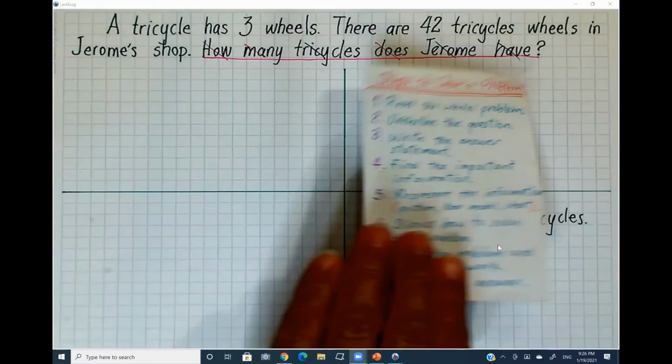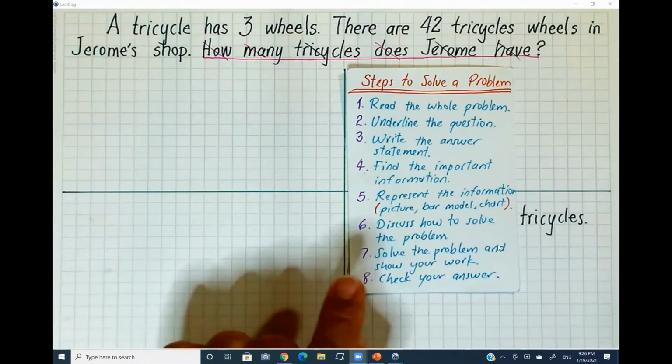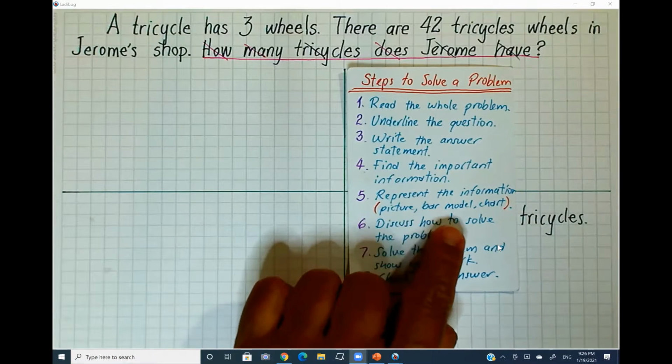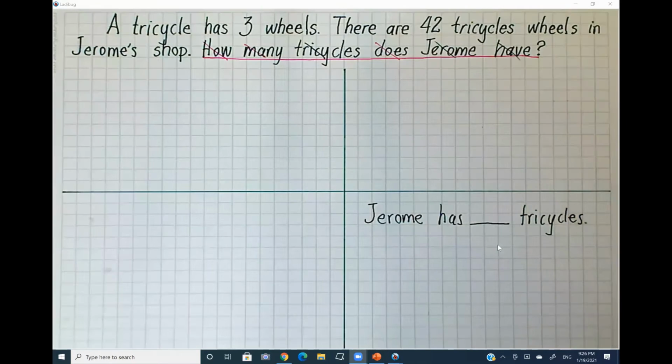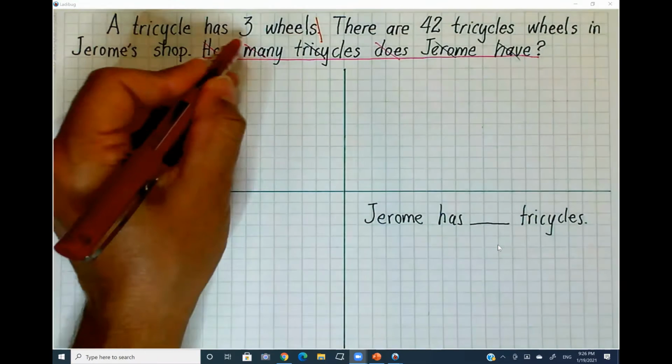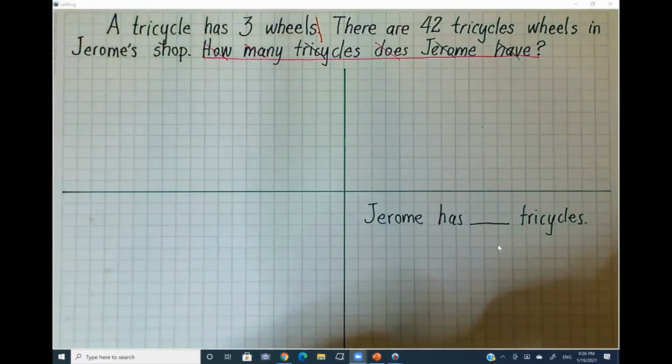Now we need to find the important information and represent it in a picture or bar model chart. So let's read it. First sentence, a tricycle has 3 wheels. So that's important. 3 wheels.